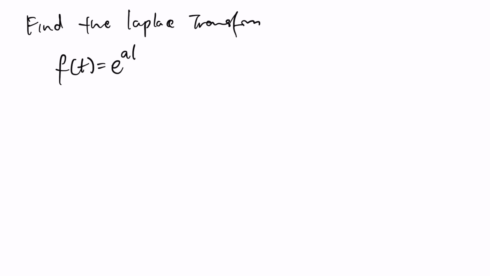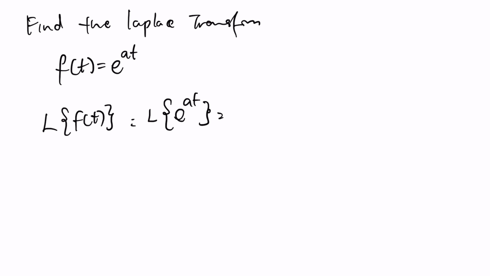Find the Laplace transform of the exponential function f(t) equal to e to the power of at. So the Laplace transform of f(t), L curly bracket, of our f(t) is e^(at), right?